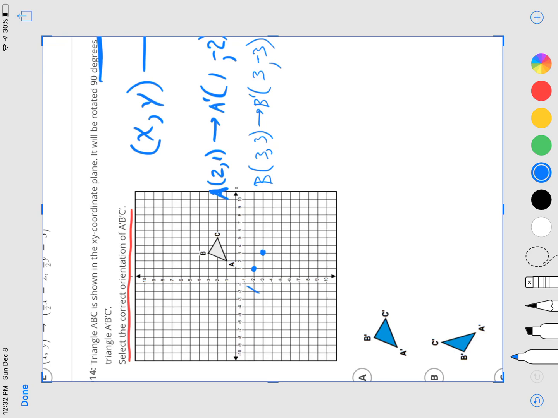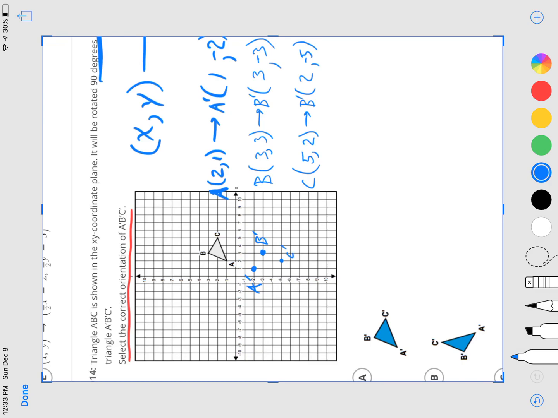So this is A prime, B prime, and then C has coordinates 5, 2. After we apply the 90-degree clockwise rotation, switch the coordinates and change the sign of the second one. 2, negative 5. Of course I put the B in a bad place. 2, negative 5 is down here. So this is B prime, this is C prime.